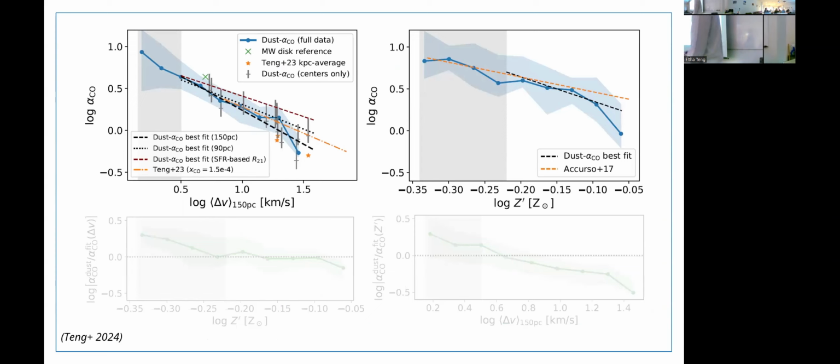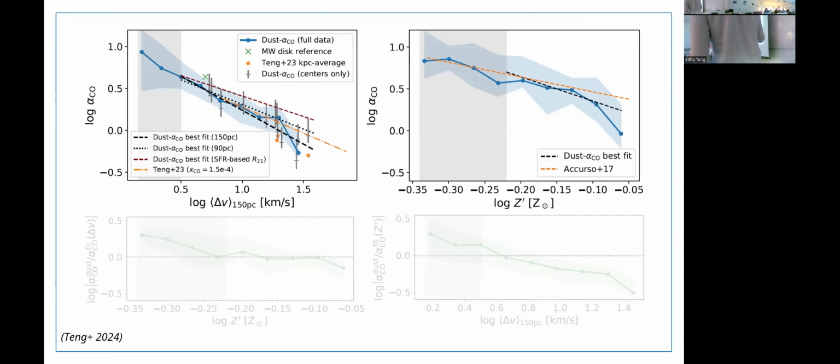And another interesting thing we also found is that the velocity dispersion here may also be reflecting other correlated properties. So for example, we know that metallicity can also be an important driver for alpha CO. So we also explore how the measured alpha CO varies with metallicity.